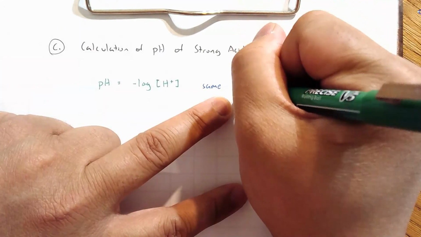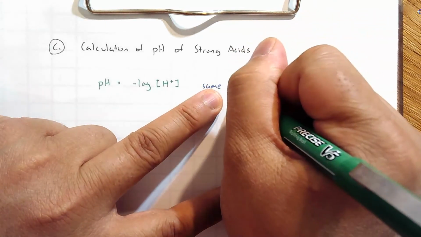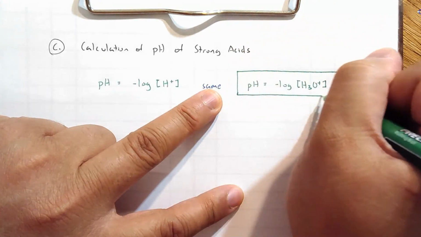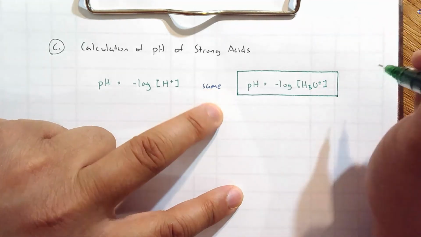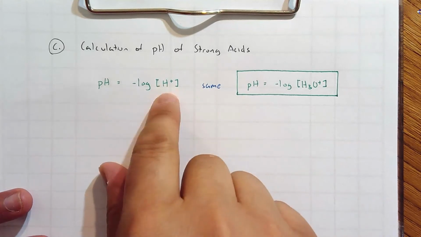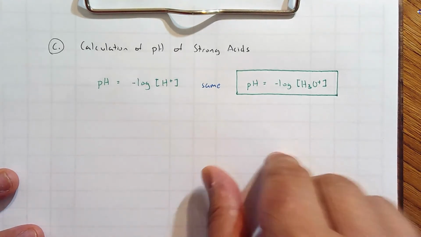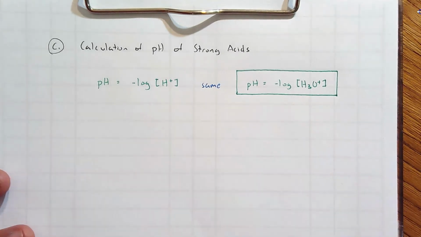That's the one I'm going to put in a box. We know that because in aqueous solutions, every H+ that is created will bond to H2O to make hydronium.